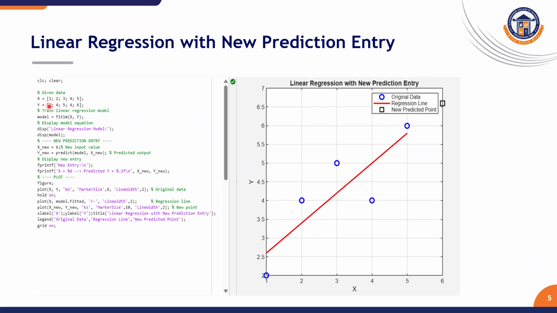Here 1 and 2 were mapped as x1 and y2; 2 and 4 as x2 and y4; likewise 5 and 6 as x5 and y6. We need to predict for x equal to 6. From the numerical problem, we found 7.2. But here for x equal to 6 it has found nearly 6.5 or 6.6.